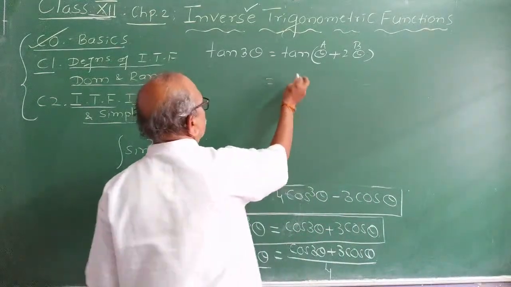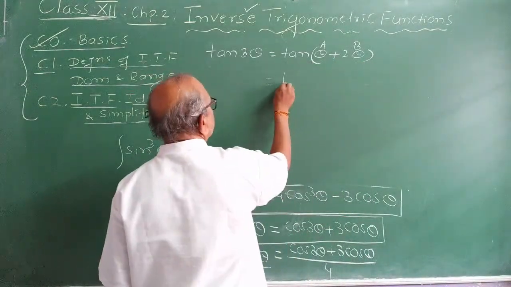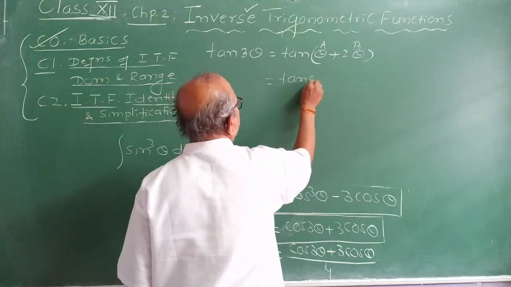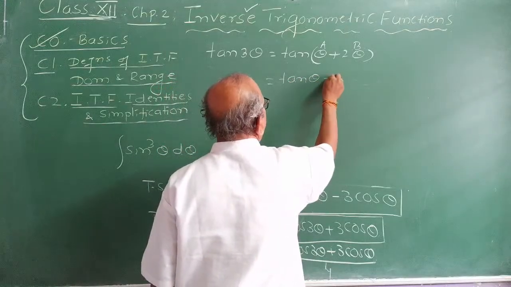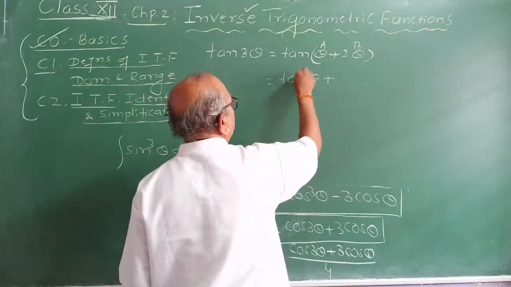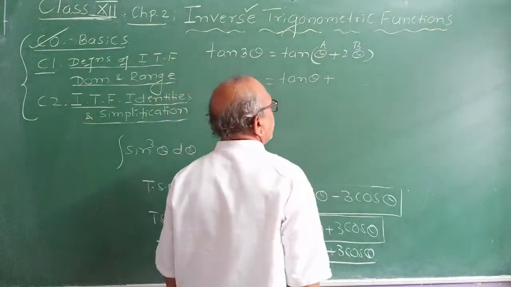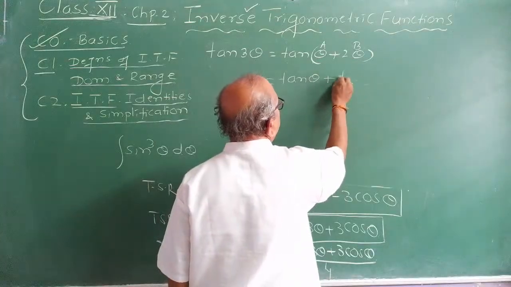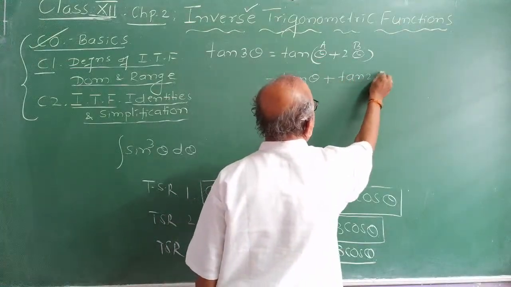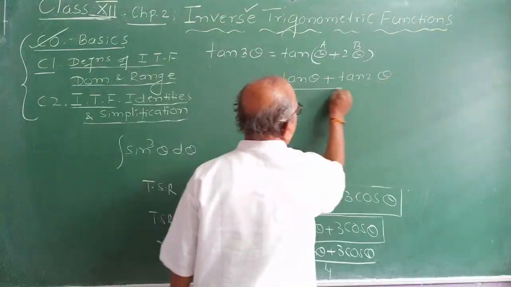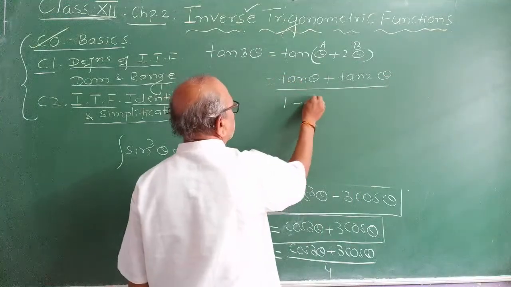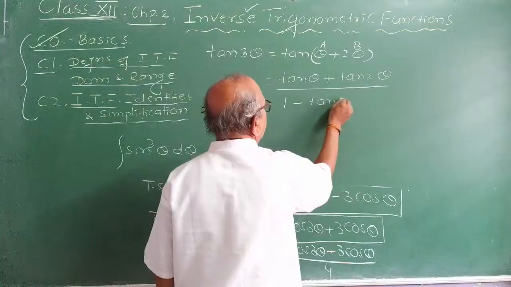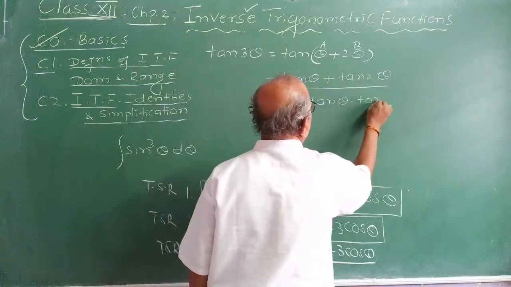Tan A plus B can be written as tan theta. What is tan A plus B? Tan A plus tan B upon 1 minus tan theta into tan 2 theta. You will get tan theta plus tan 2 theta divided by 1 minus tan theta into tan 2 theta.